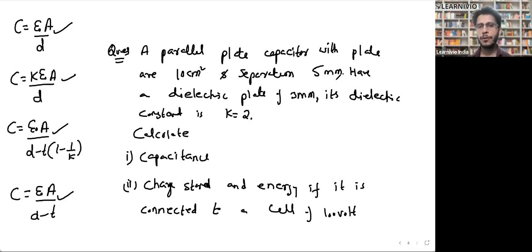So first of all, you have to decide for the parallel plate capacitor in this numerical which case is given. When the air is in between the plates, dielectric slab is fully filled, dielectric slab is partially filled, or a conducting slab. So Mariam, which case is this? Sir, partially filled.